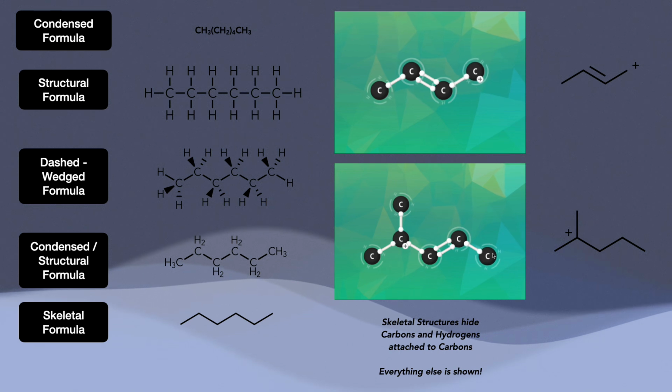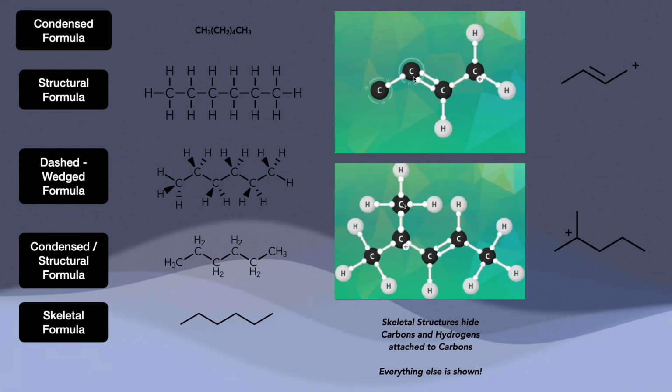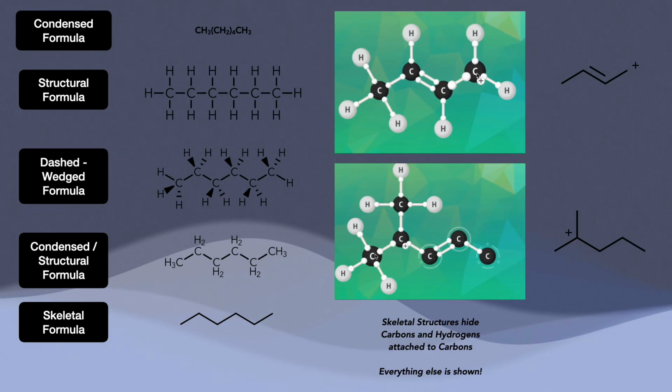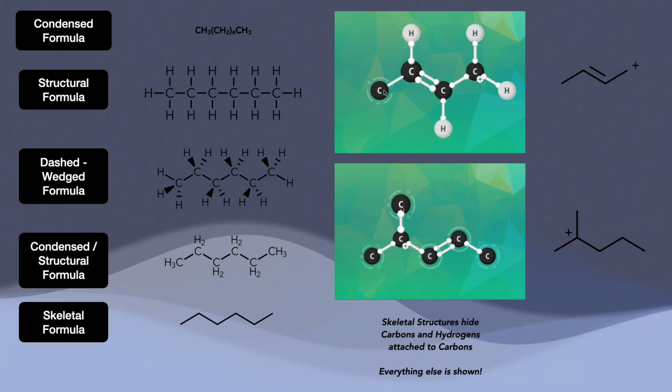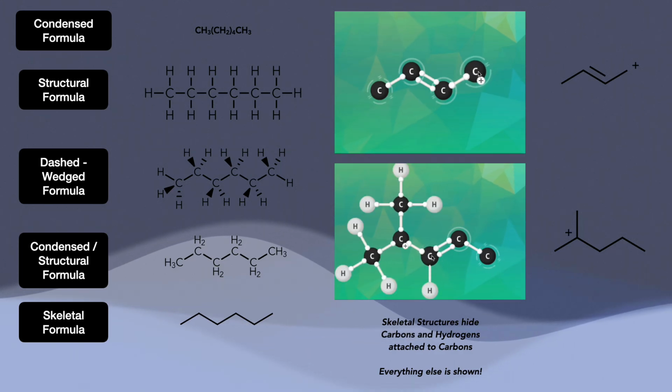If we look at different possible chemical structures, we can see something like a condensed formula at times. A condensed formula, notice how I'm writing out the condensed formula for this substance. I've got CH3, CH2 in parentheses with a subscript of 4 after it, and then CH3.